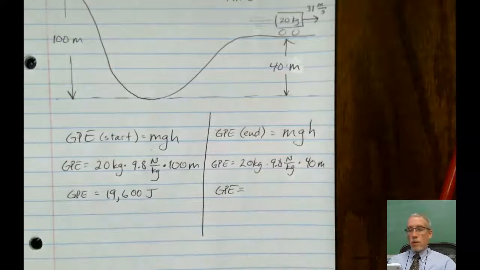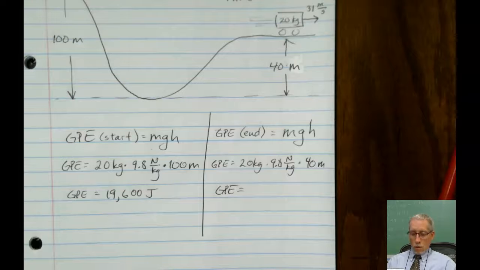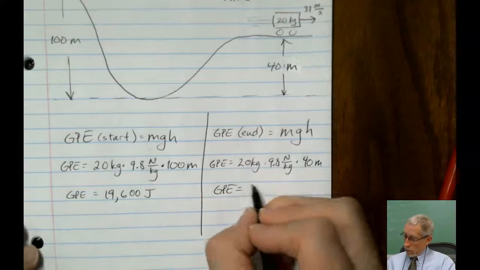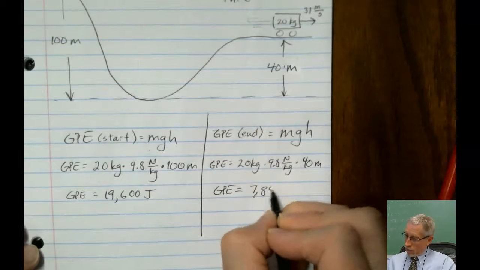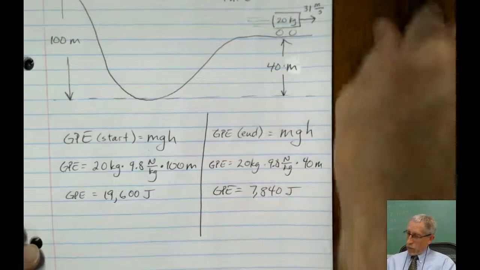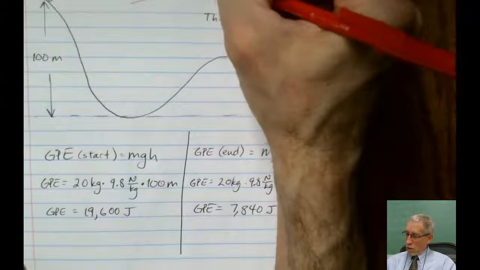And we multiply those together. Got to hit my buttons right on my calculator. 7,840. 7,840 joules. I'm going to write that in up here.